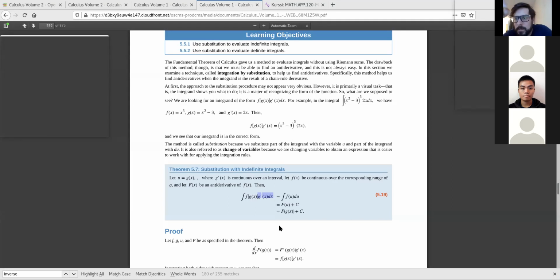But when dx is thought of as the limit of delta x going to 0, this is the proportionate change of g of x when x changes. And if u is g of x, then this g prime x dx is in fact a tiny change in u, proportionate to the change of x.